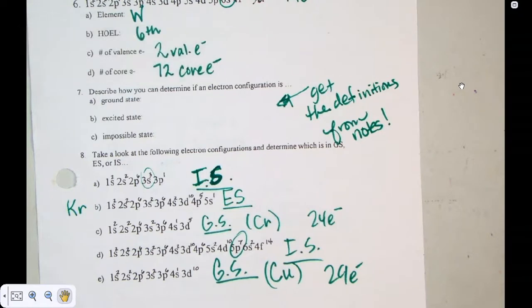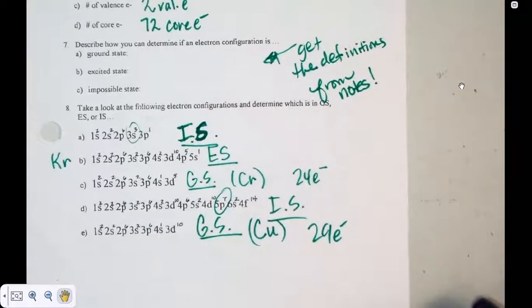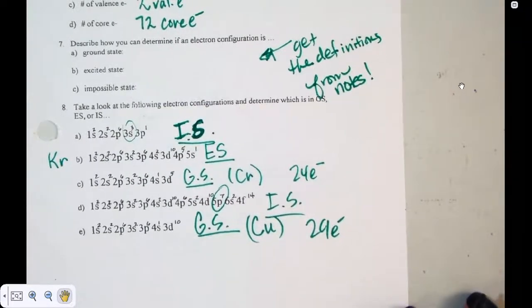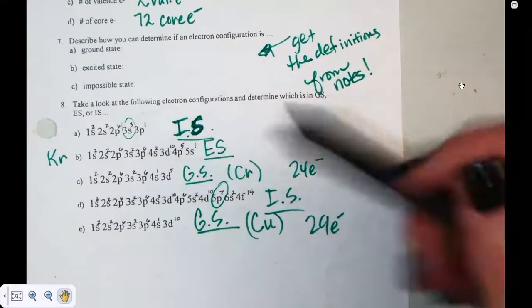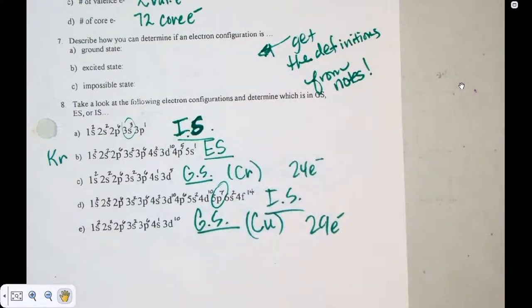And so that's a temporary state, and they'll eventually fall back down. And then impossible is just simply never going to happen. If you take a look at A through E, I've given you some electron configurations, and I want you to tell me if they're impossible, excited, or ground state.